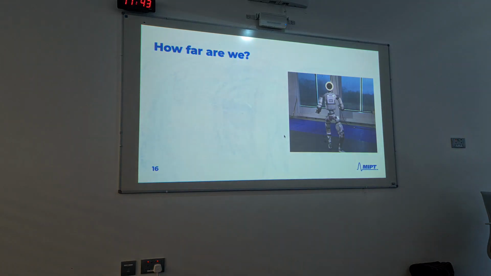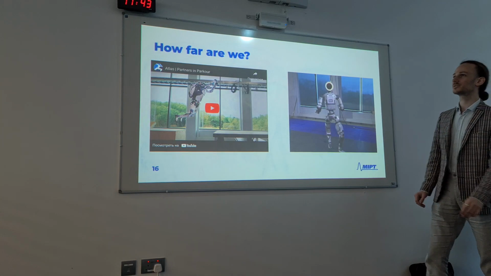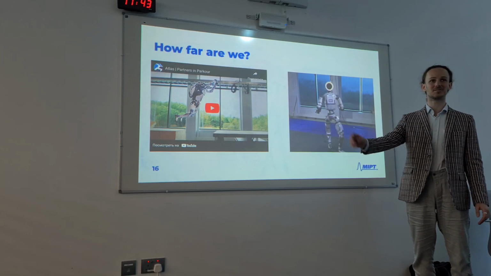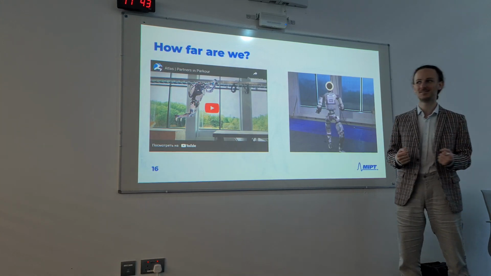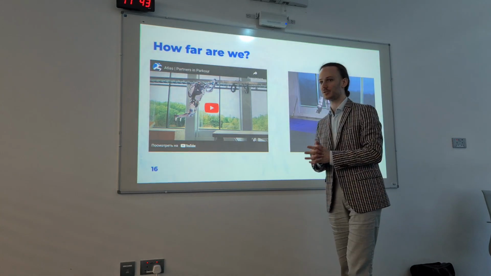How far are the robots from the humans? Very far still. There are certain things that humans cannot do, like we cannot substitute an excavator. The excavator will be more powerful. However, we are very versatile in terms of what we can do.